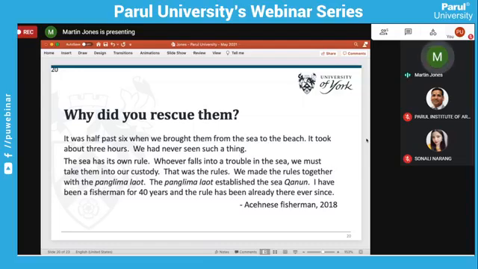And one of the rules that they've established is this rule of rescue: any creature trapped on the water, a fisherman has an obligation to rescue, at risk of punishment if they fail in that obligation. And for those of you looking for the bite that makes something the law, the Panglima Laut, as an organization and as individuals, very strictly enforce the rules.